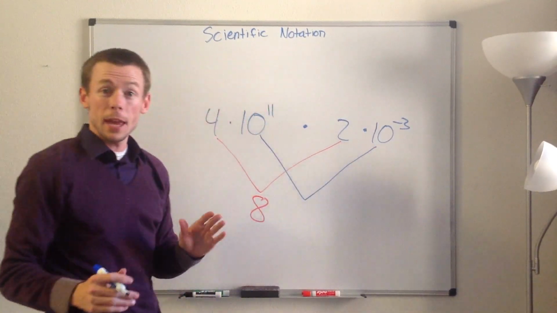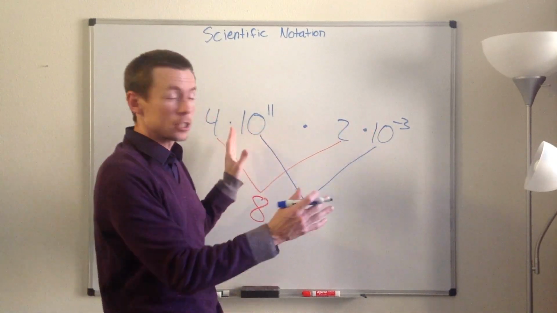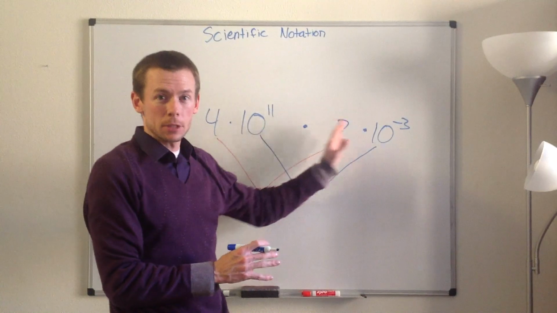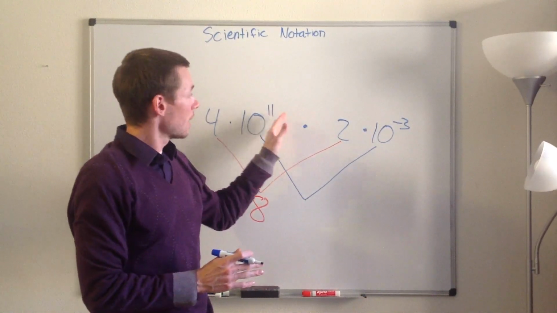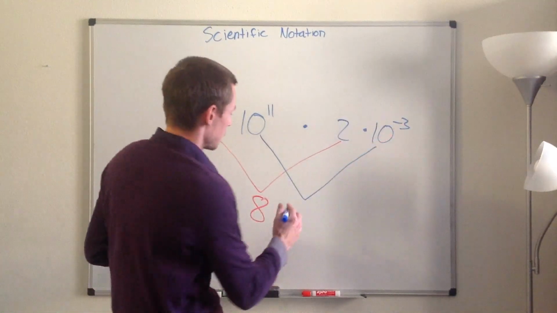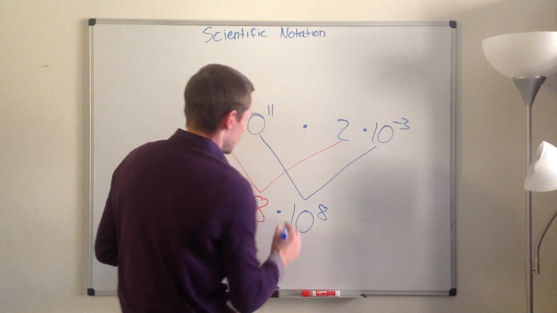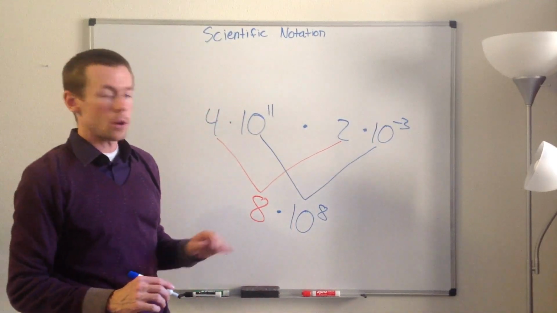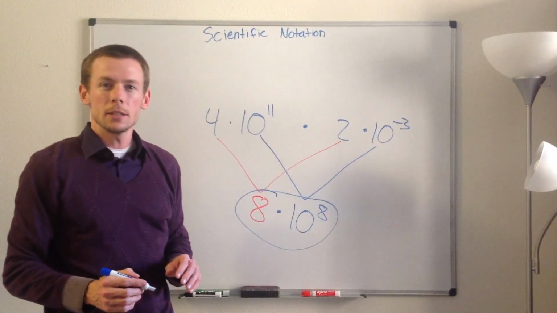And we'll multiply the exponents, which remember means adding, so multiply 10 to the 11th times 10 to the negative 3, which means adding the exponents. So 11 plus a negative 3 is 10 to the 8th. So our answer is 8 times 10 to the 8th.